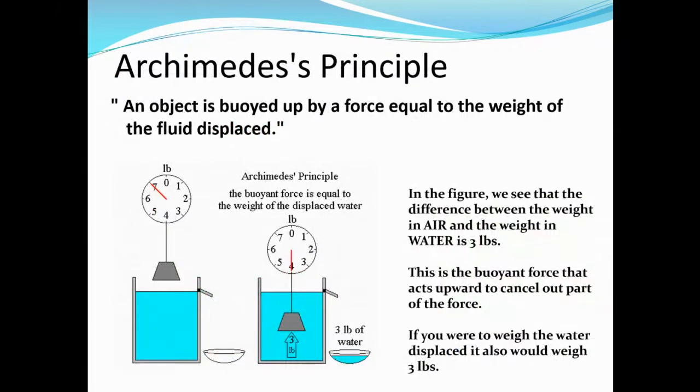Now, still explaining the Archimedes principle, an object here is buoyed up by a force equal to the weight of the fluid displaced. Buoyed up, meaning it is pushed up by the force of the upthrust. In air, this object weighs 7 pounds. When you immerse it in water, it weighs only 4 pounds, meaning it has lost 3 pounds. When you immerse it, it will displace its own volume of the liquid.